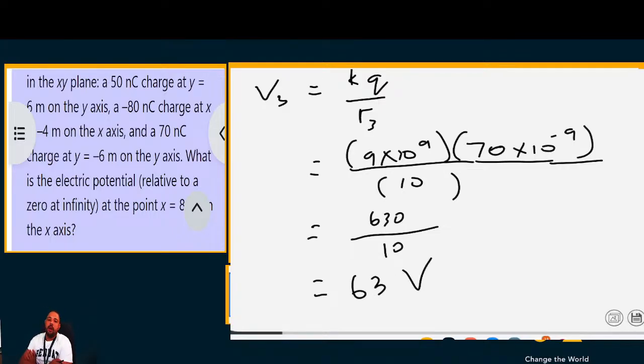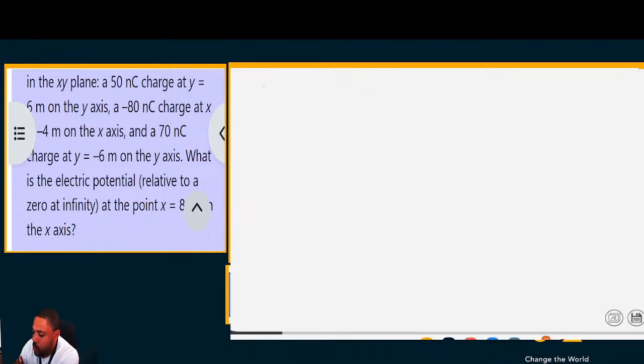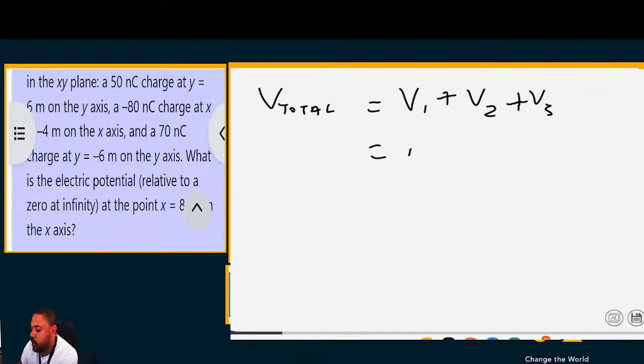Okay. Now, remember, they wanted the potential due to all of these charges at that point, 8 meters on the x-axis. So the total electric potential at that point is equal to the sum of the individual electric potentials. So it will be 45 volts plus, I remember this one is a negative, is it 60? Here are my notes.